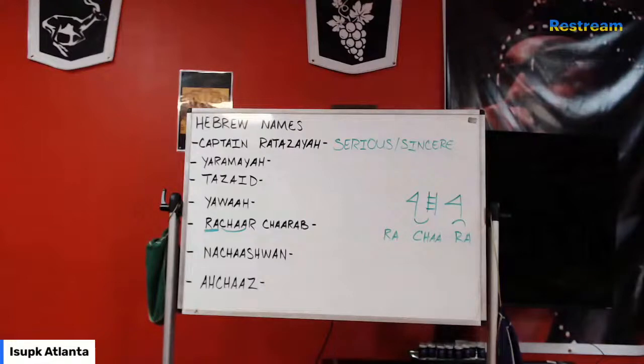Okay, so now let's look at the board. As you can see, we have Ra, Ka, and then we have another Ra.